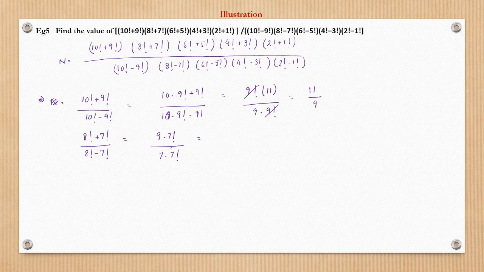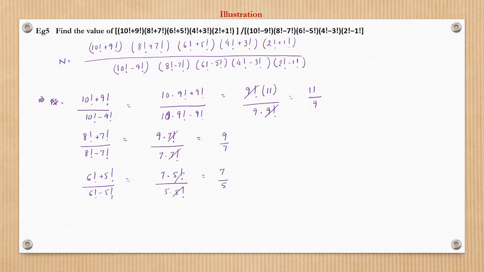So 7 factorial and 7 factorial will get cancelled out. What will remain is 9 by 7. Then one more term we will see and then generalize. 6 factorial plus 5 factorial upon 6 factorial minus 5 factorial. This we can write as 7 into 5 factorial upon 5 into 5 factorial. This will get cancelled out, so this is nothing but 7 by 5.